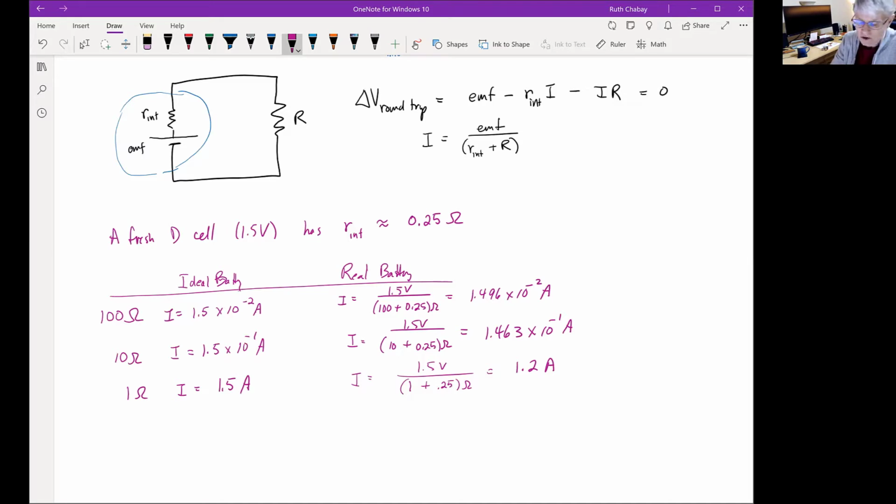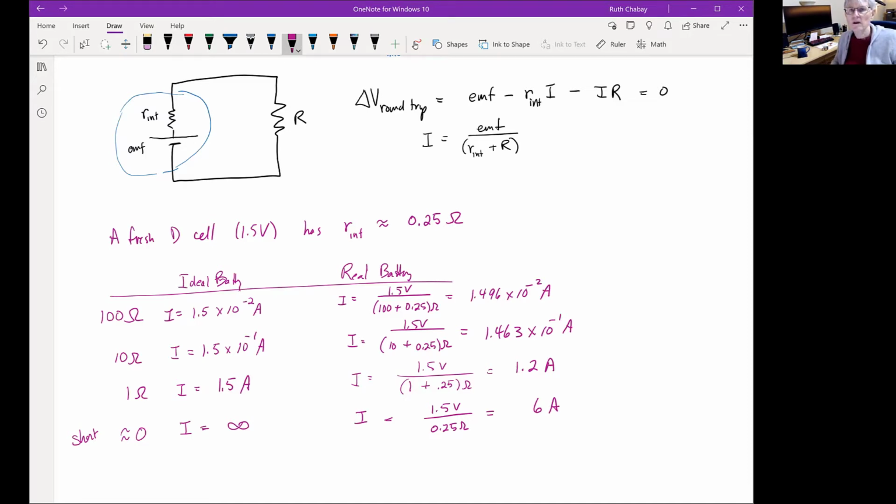And for a short circuit, in which resistance is nearly 0, we'd predict an infinite current for an ideal battery. But for a real battery, now the only resistance is the internal resistance of the battery, and so we'd actually get about a 6 amp short circuit current, which is basically what we get.